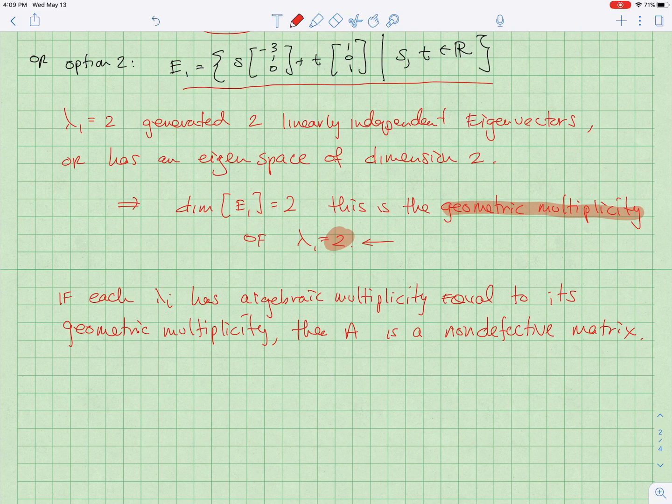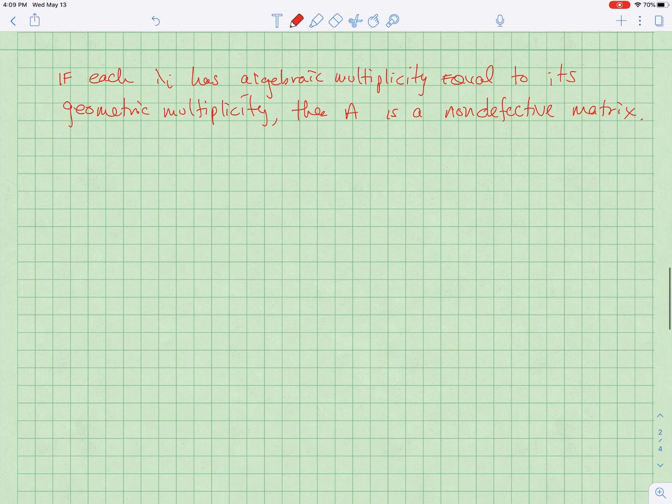I should go check the other eigenvalues in general, but since this particular matrix is 3 by 3 and there's only one more eigenvalue and its algebraic multiplicity is 1, and I'm guaranteed that it's going to generate at least one eigenvector, I can actually tell you right now that this matrix is non-defective. But let's go through the motions here.